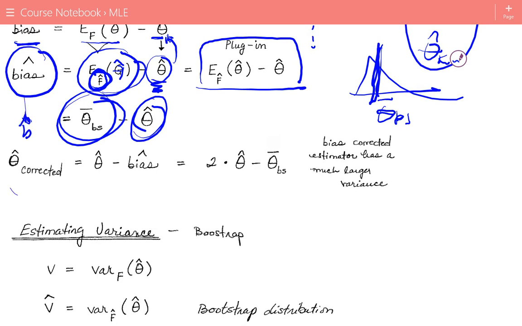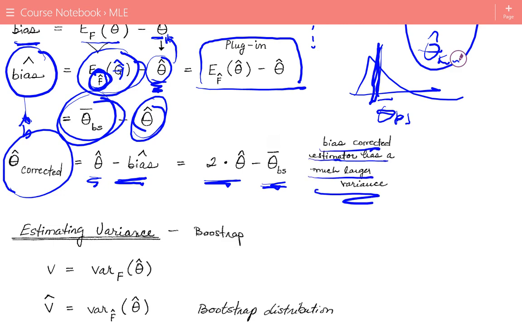So now I can have my corrected theta as the maximum likelihood estimator minus this bias, which, if you do the algebra, simply means that I take 2 times my estimator and subtract the average of the bootstrap sample. Now the problem with this is that it is a bias corrected estimator, but it has a larger variance. So it's a bit of a trade-off there.